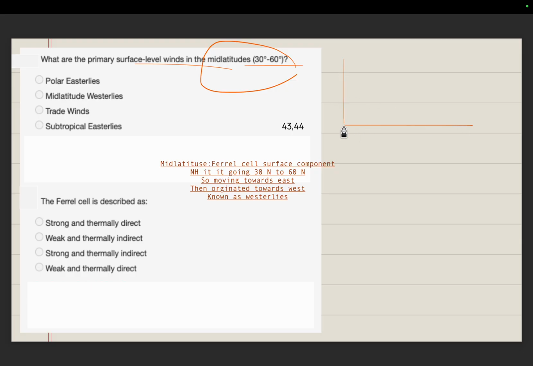So the surface level winds are the component of the Ferrel cell. You have seen three types of cell: the Hadley cell, the Ferrel cell, and the polar cell. At the Hadley cell, the wind flow was in this direction. But in the Ferrel cell, you saw this kind of wind flow.